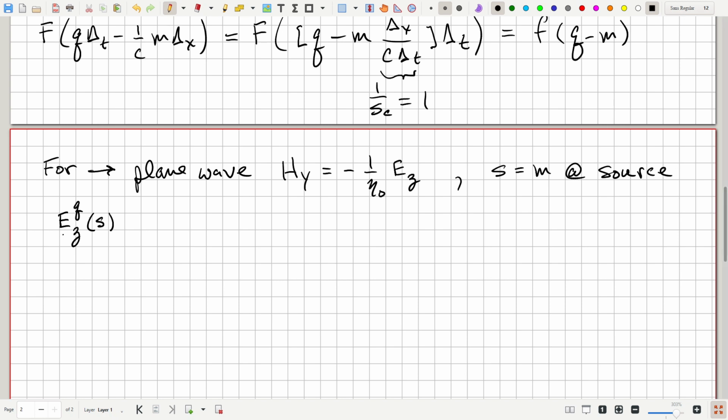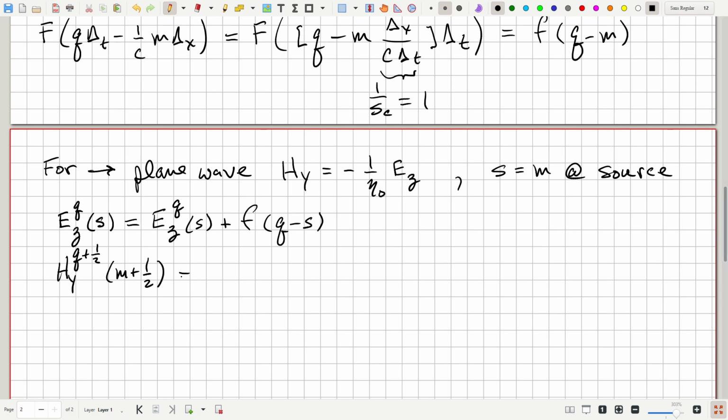So E_z at time step q, position s will be that value, plus we'll add in this rightward propagating wave f of q minus s, where f can be any function. So what about for the H_y? Well, remember that the magnetic fields are offset by 1/2 time step and 1/2 step in space.